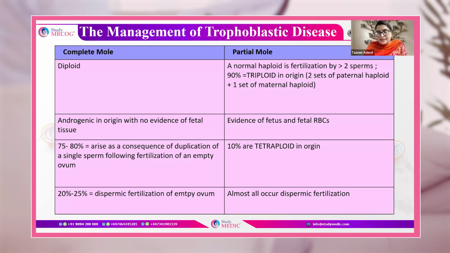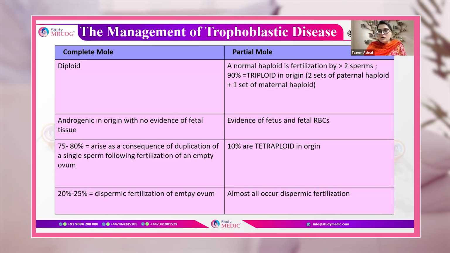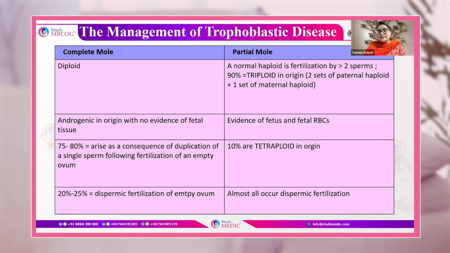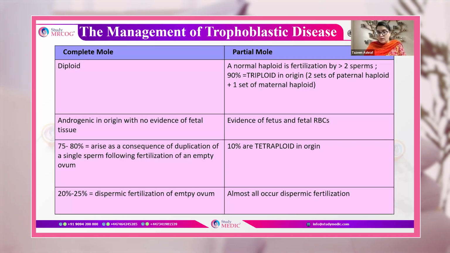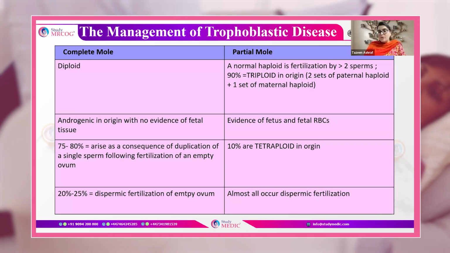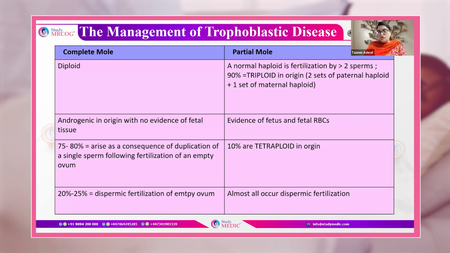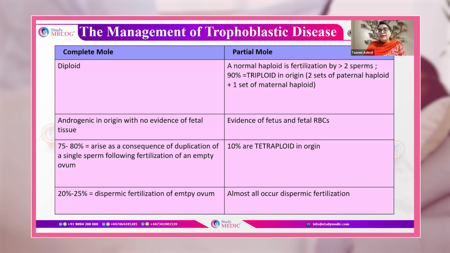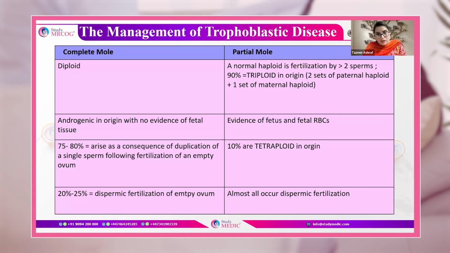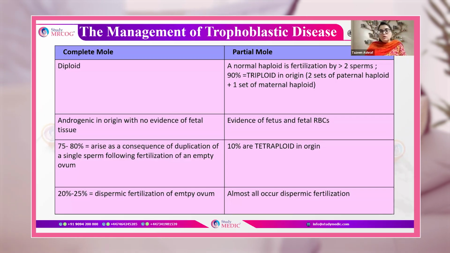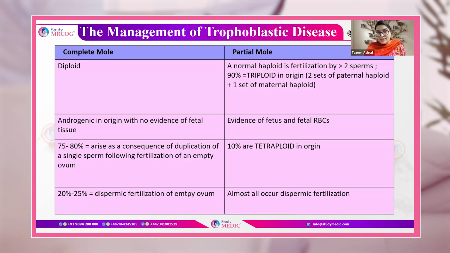Partial molar pregnancies have a normal haploid set with fertilization by more than one sperm. 90% are triploid in origin, with evidence of fetus and fetal RBCs. 10% are tetraploid in origin, and they almost all occur by dispermic fertilization.